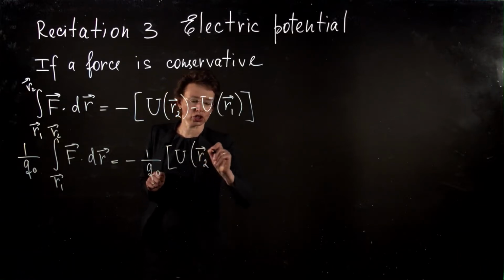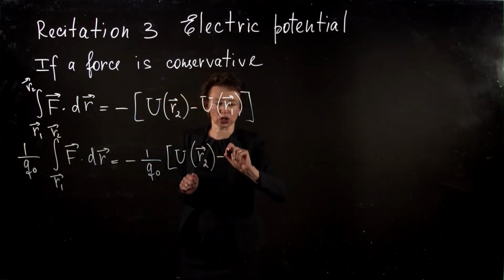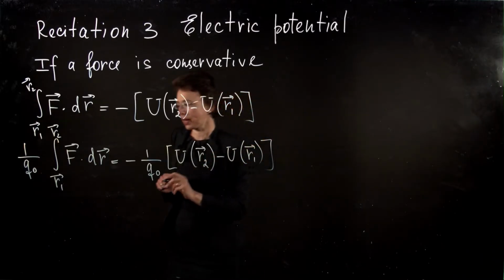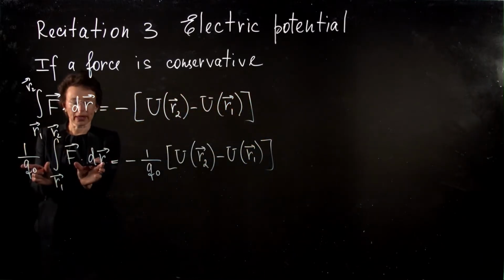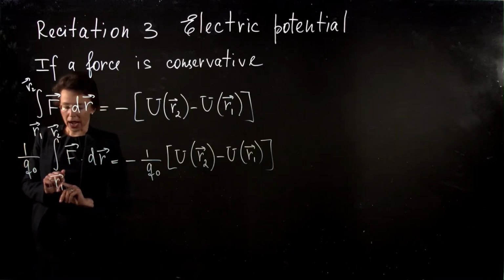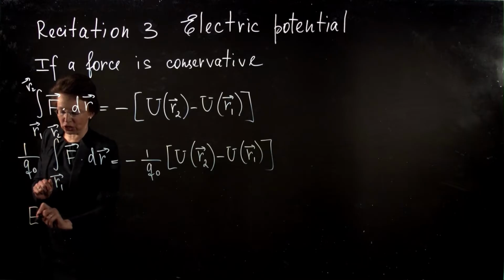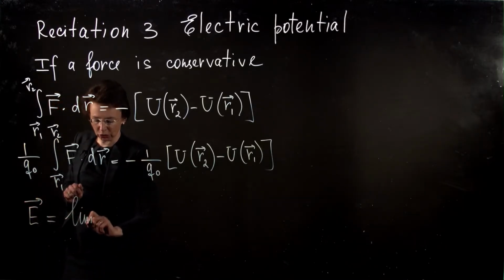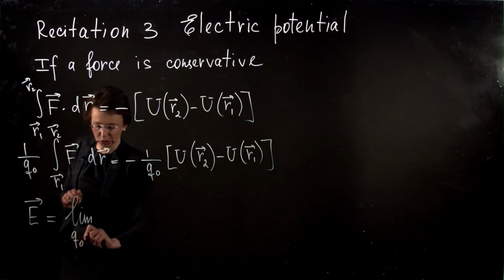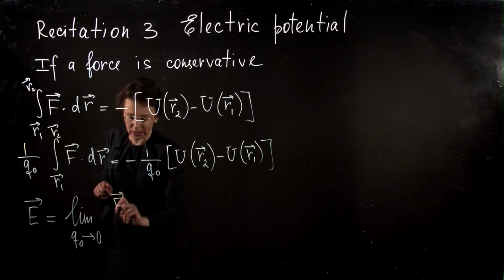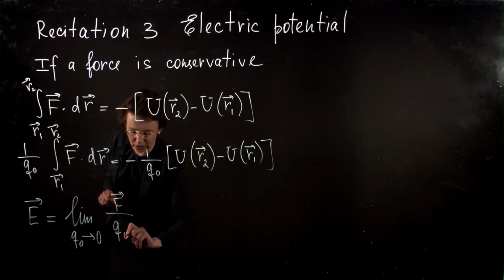By definition, a test charge is positive. Then what we have on the left-hand side is force divided by Q naught. I remind you that by the definition of electric field, the way we introduced it, electric field is the limit as Q naught goes to 0 of F divided by Q naught.